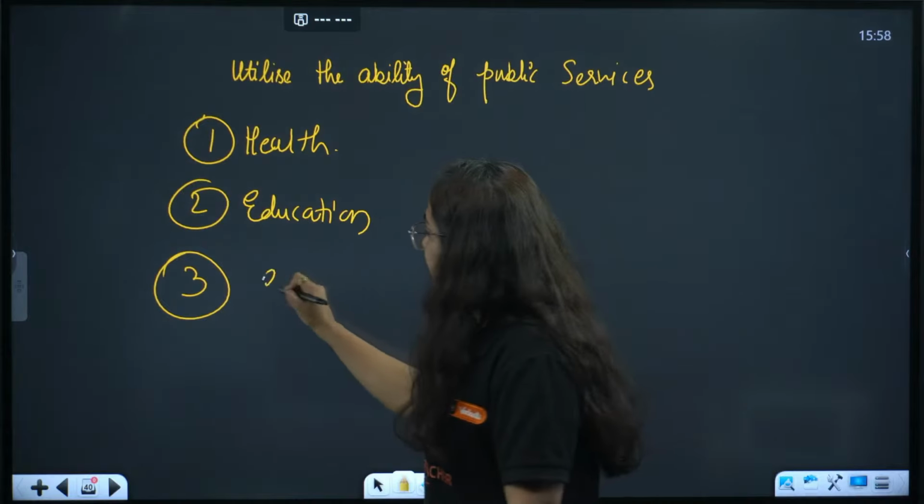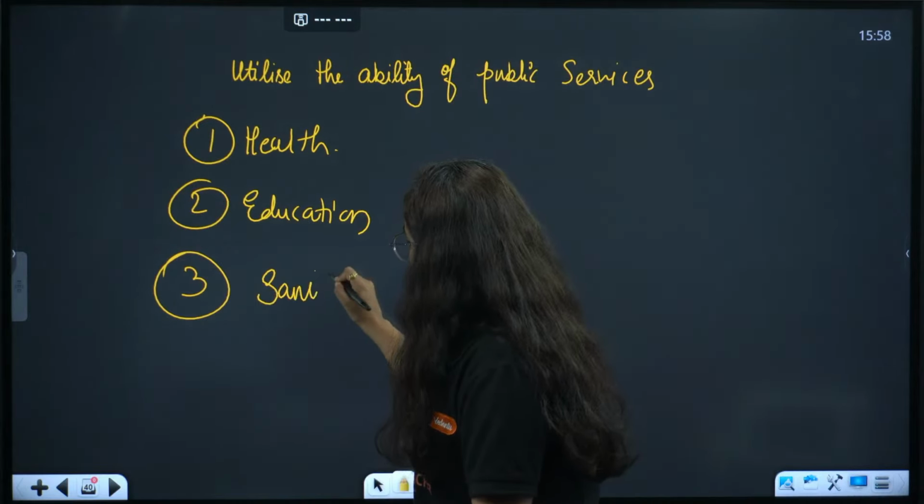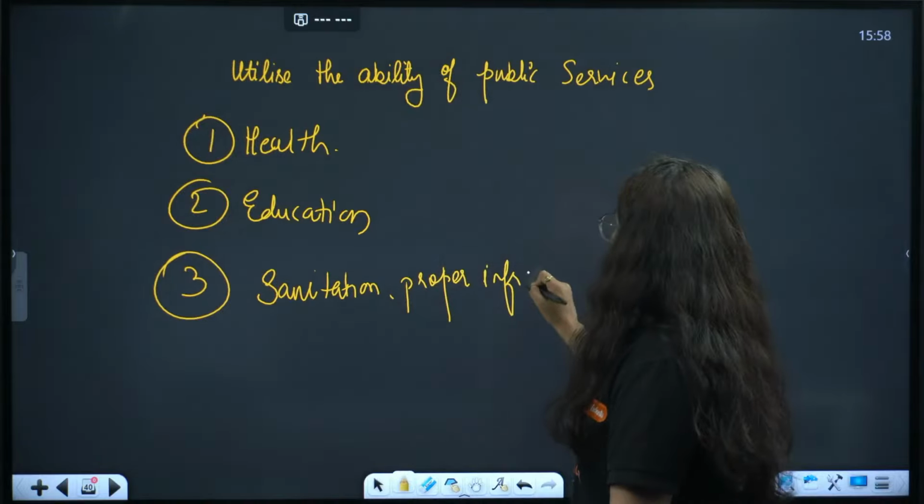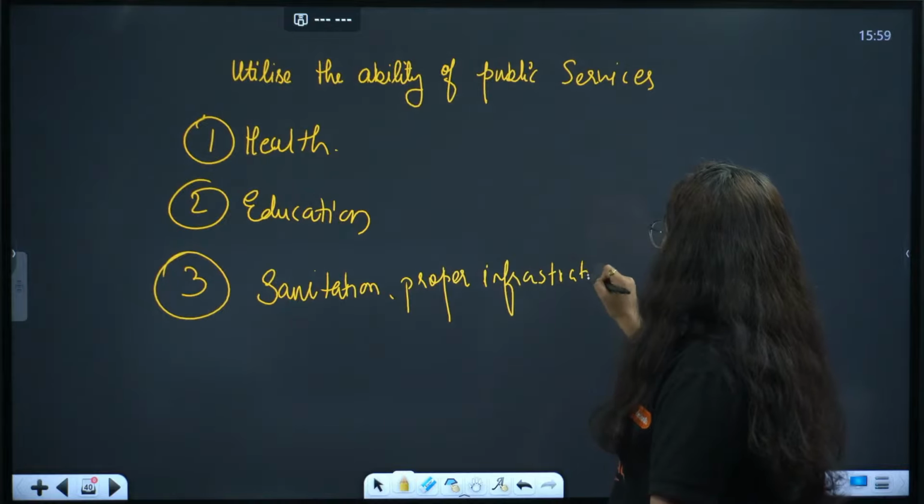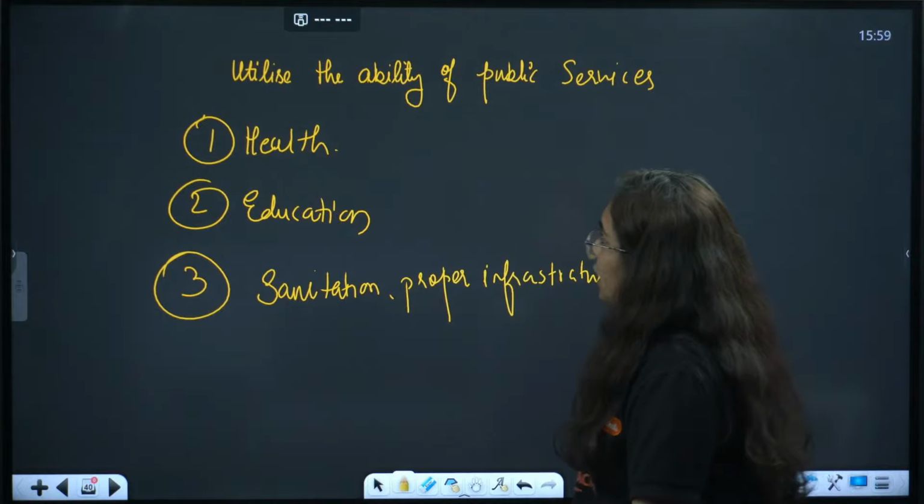Like we need sanitation, right? We need proper cleaning, proper roads, proper infrastructure to be made in the city or wherever you are living in the country. So who will provide these facilities? Public. Government will provide these facilities, and this is the utility of having this type of government, that is democratic form of government. So in economics, you will write the answer in such a manner.